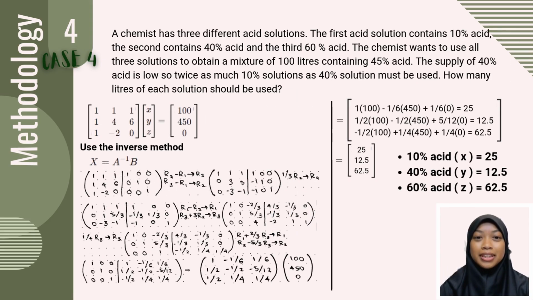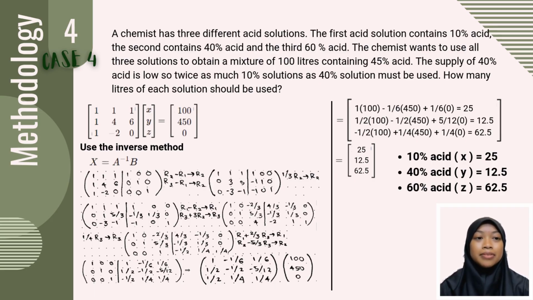To use the inverse method, we must find A inverse. We use suitable elementary row operations to get the identity matrix on the left side and the inverse matrix on the right side. After we get A inverse, we multiply it with B. The final answer we get is X 25, Y 12.5 and Z 62.5.